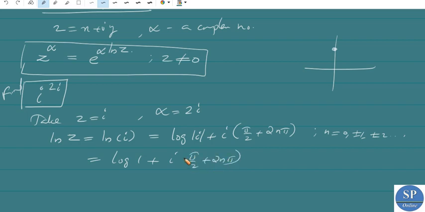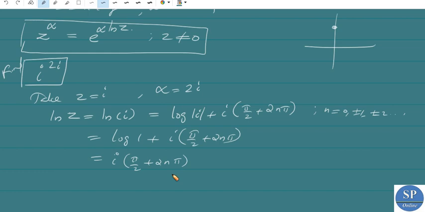So log 1 is 0. So ln of i is equal to i into pi by 2 plus 2n pi.